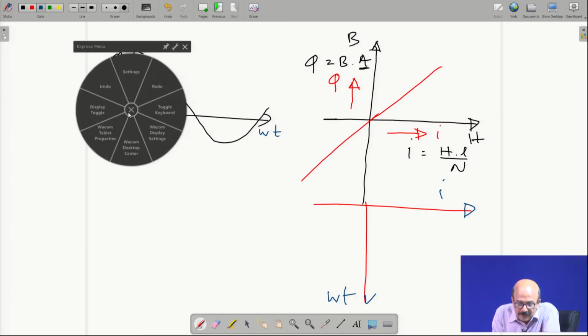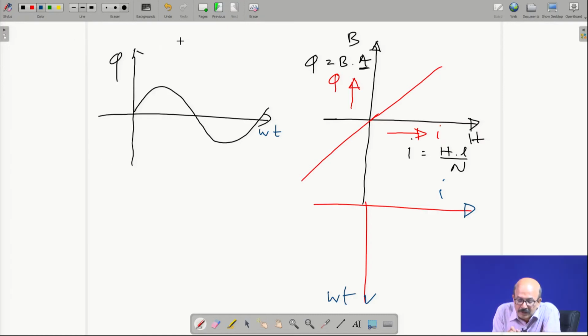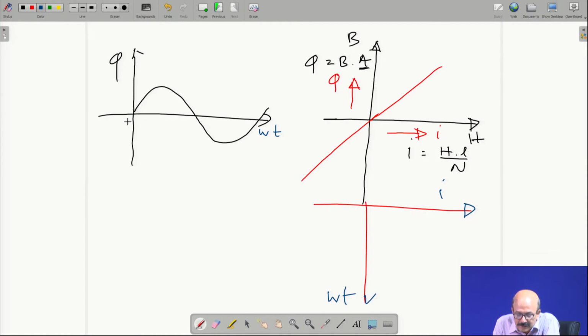So, you can see that at say T1, flux is 0, current is 0. So, here you are at T1. At T2, flux is peak, you go all the way over there, current is peak, you come over here. At T3, flux is 0 again, current is 0.